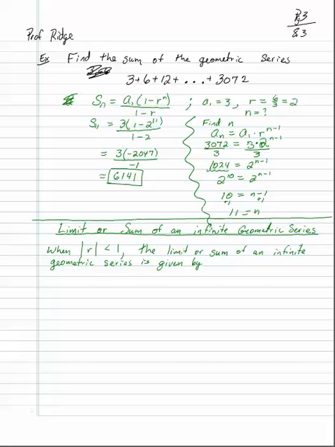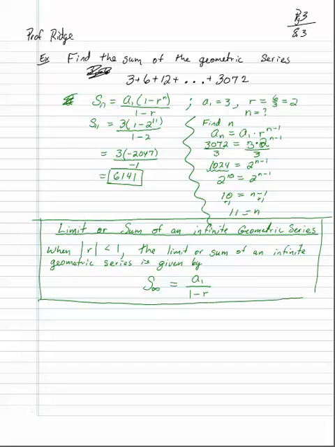Then the limit or sum of the infinite geometric series is given by this formula, S sub infinity. Infinity is a sideways 8. It's the first term, a sub 1, divided by 1 minus r. So that's the shortcut formula.